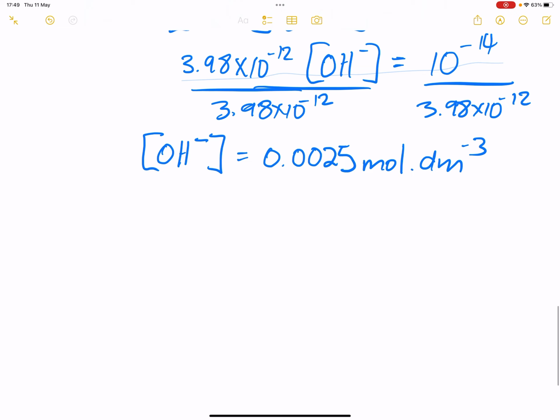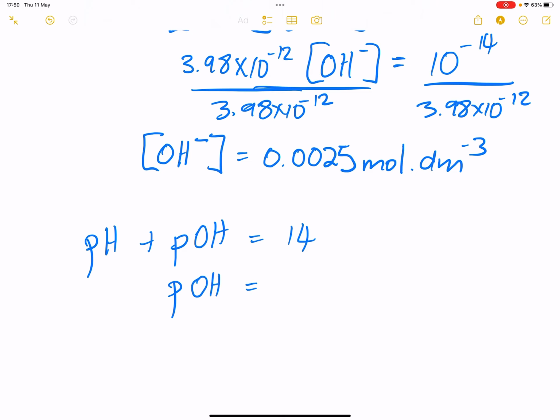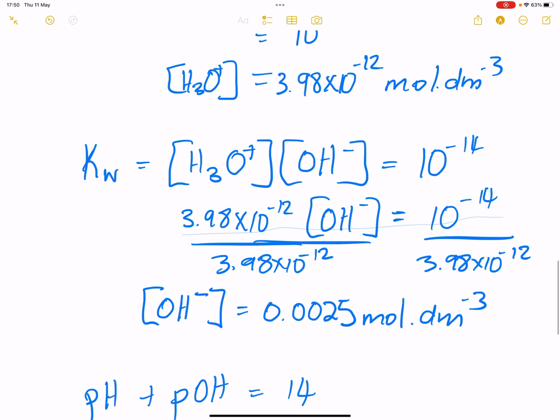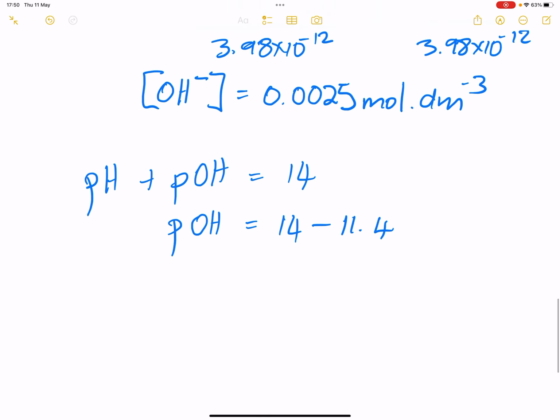Now another way that you could have done this is to use pH plus pOH being equal to 14. You can find the pOH value: that would be 14 minus the pH, which is 11.4, the value that was given. So 14 minus 11.4 gives us 2.6.